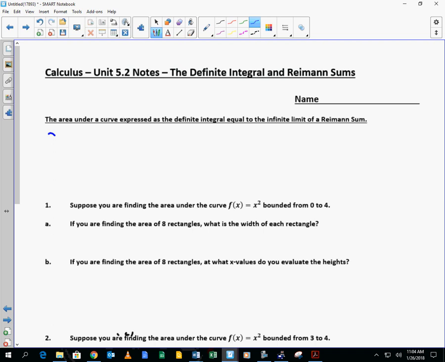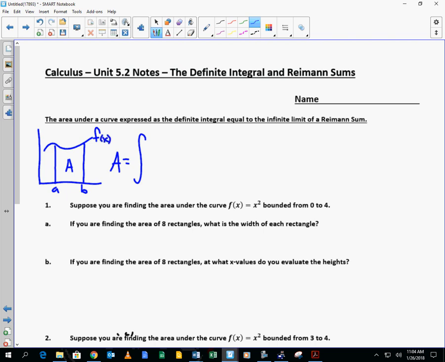Here's what we say. If we have a curve, we're going to say that the area bounded between a and b, which we're going to call big A, bounded underneath f of x and the x-axis, is equal to the integral.